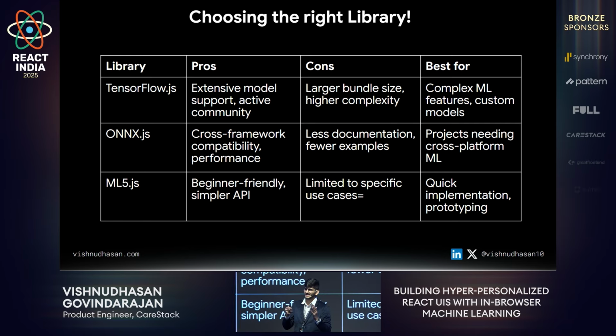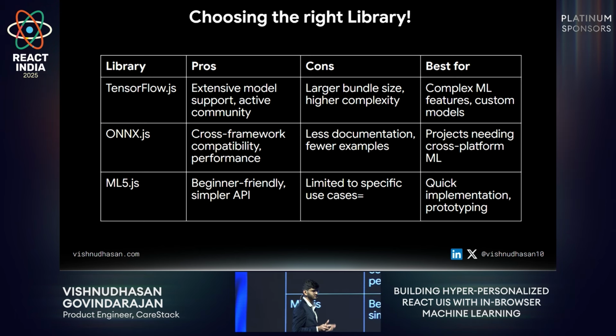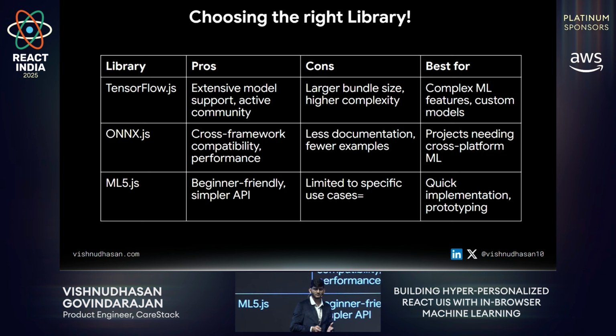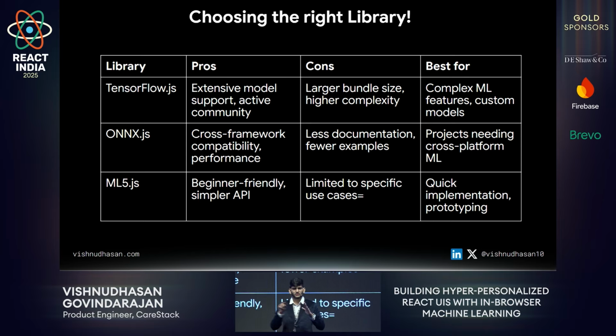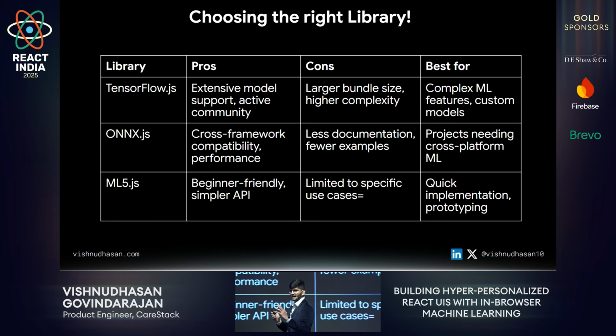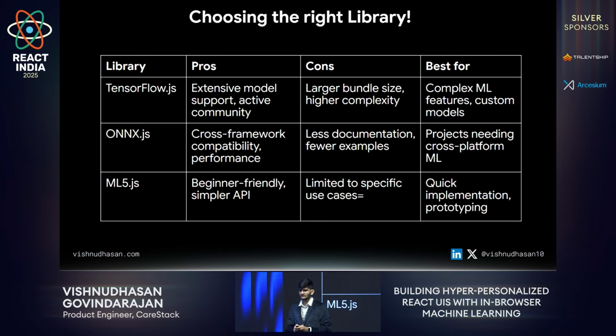But it has a trade-off. The bundle size is too high. It's so complex. But the best thing is it has a very good community, so we get help everywhere. Then there is ONNX.js. ONNX.js suits best when we need cross-platform compatibility. We have lots of ML models that have to run differently in different browsers. Then ONNX.js works.